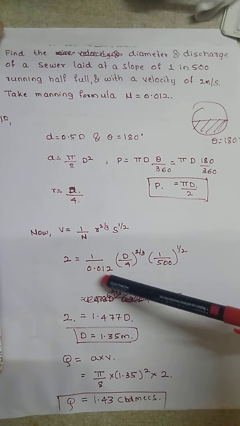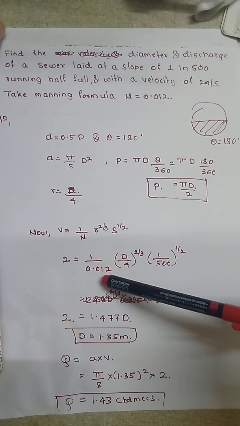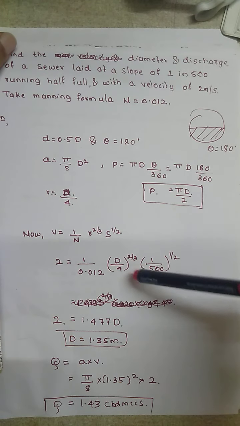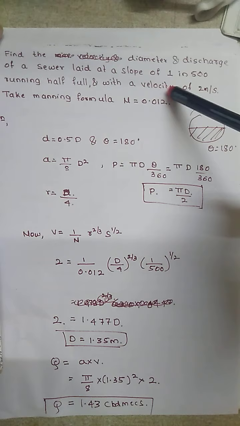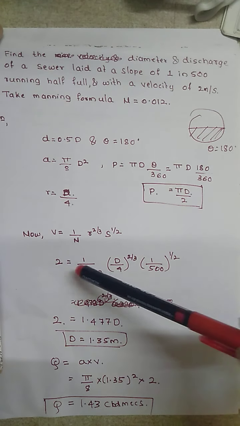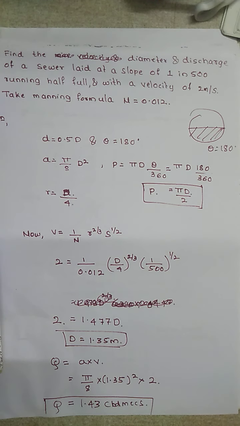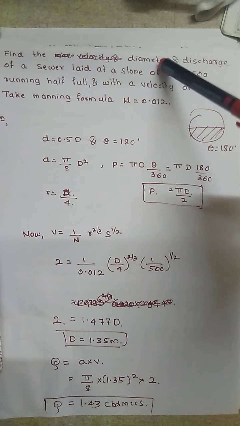So V is equal to 2 meter per second, n is equal to 0.012, D we need to determine, and S is already given, 1 in 500. So by solving it, you are going to get diameter D is equal to 1.35 meter. Then the first problem is solved.